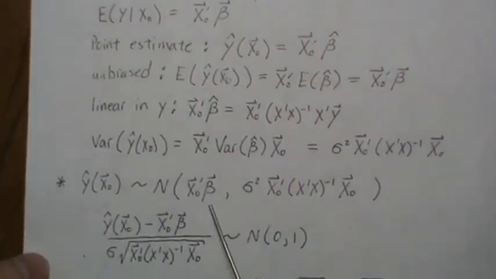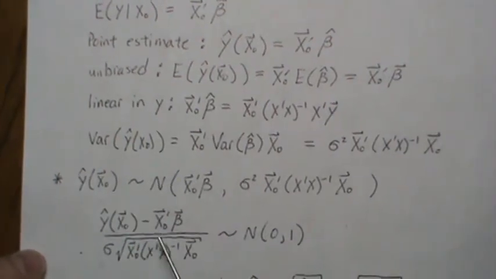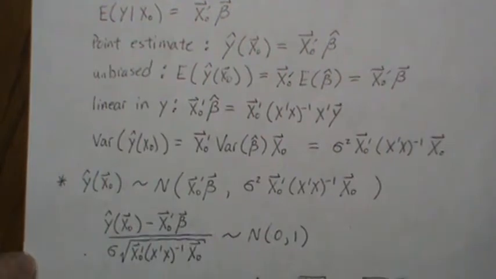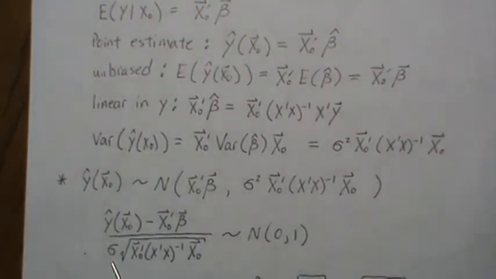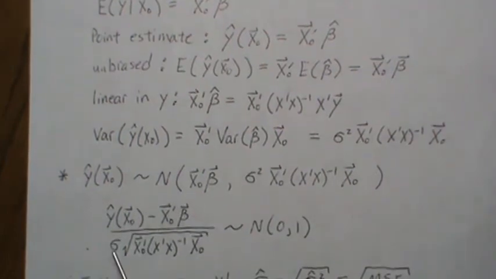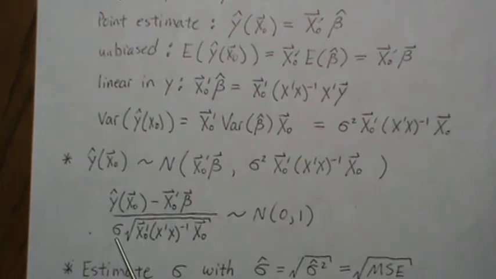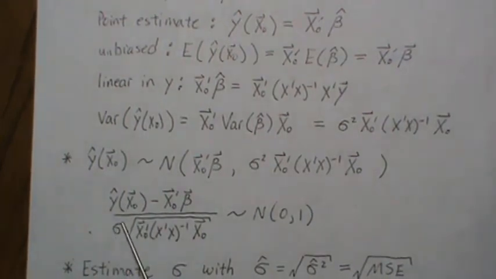Now, if we subtract the mean from this and then divide by the standard deviation, then it becomes a standard normal distribution. But we don't know the population variance, so we have to estimate that. But then it becomes two random components, the fit and the sigma.